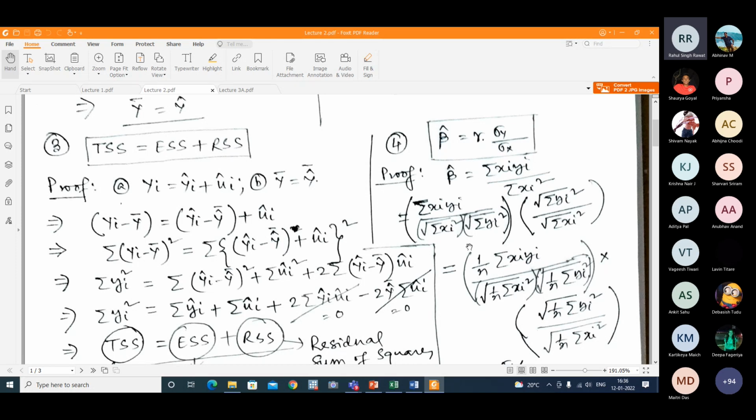I am decomposing this summation of xi square in the denominator into two: one is the square root of summation of xi square, and again the square root of summation of xi square. And then I am multiplying in the denominator the square root of summation of y hat i square, and the same thing I am adding in the numerator also.